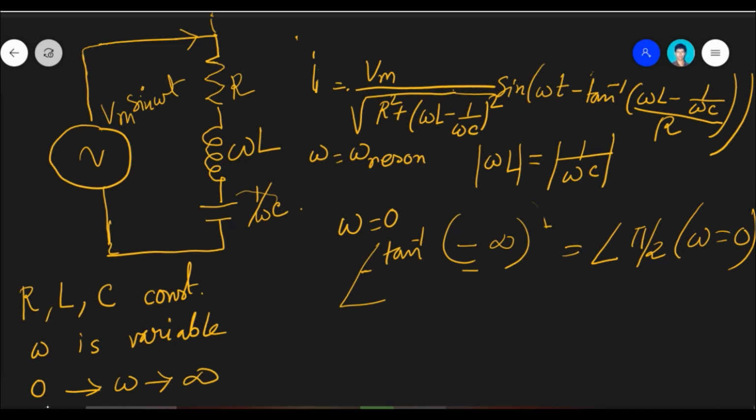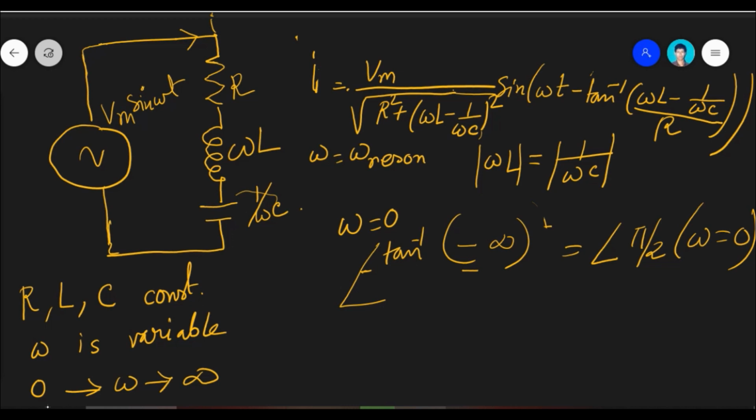Although the magnitude will be 0, because at omega equal to 0 the capacitive reactance 1 by omega C will become infinitely large and the magnitude of the current will become 0, the current will have a phase shift of 90 degrees.